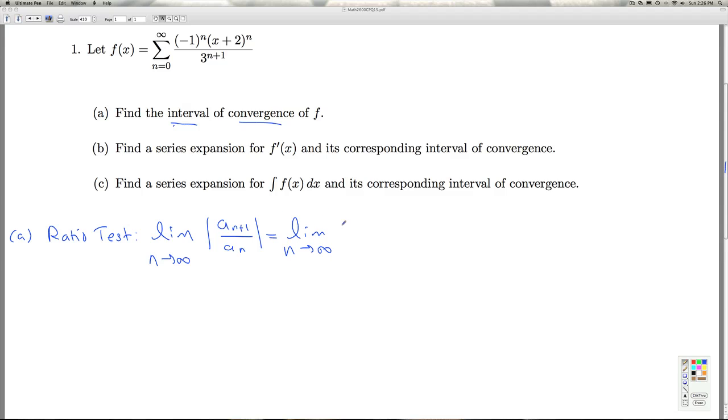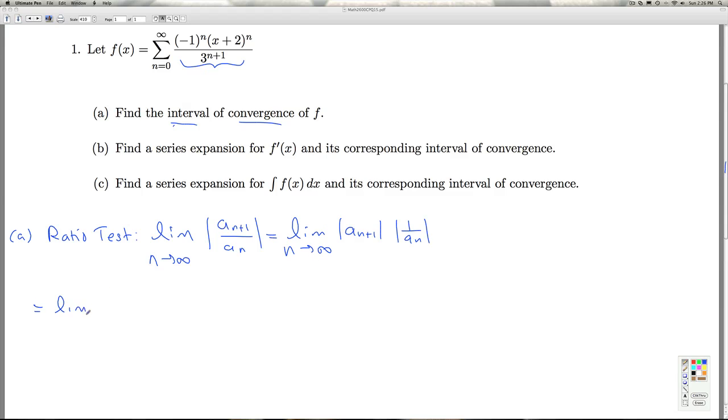We're just going to rewrite this as the absolute value of a_(n+1) times the reciprocal of a_n. For a_(n+1), I would take all the n's in here and replace them with n plus 1.